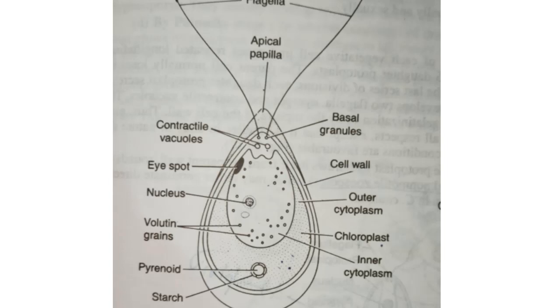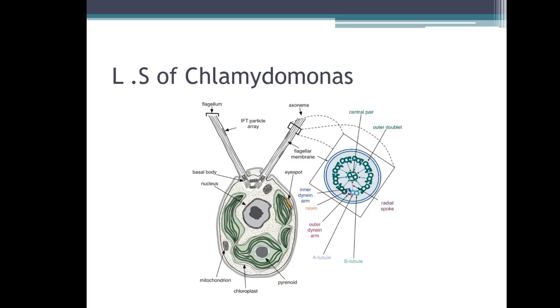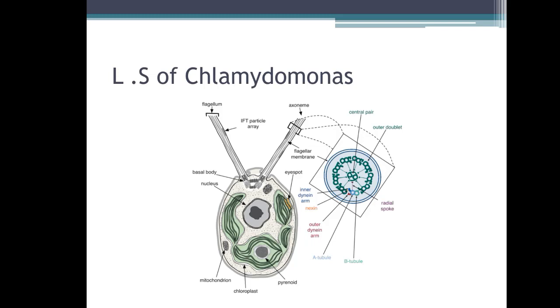If you see the LS of the Chlamydomonas, you will see that the flagella have a 9 plus 2 structure, and the chloroplast is surrounding the nucleus.